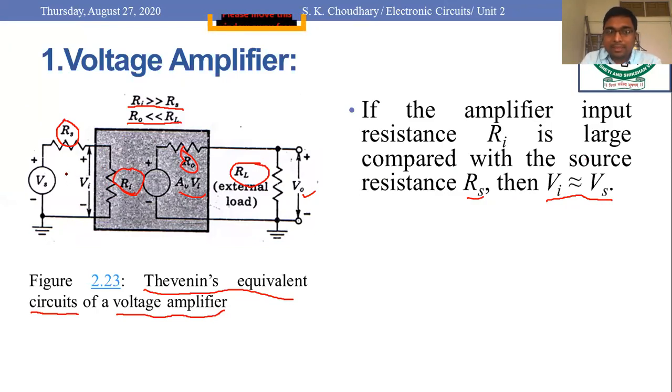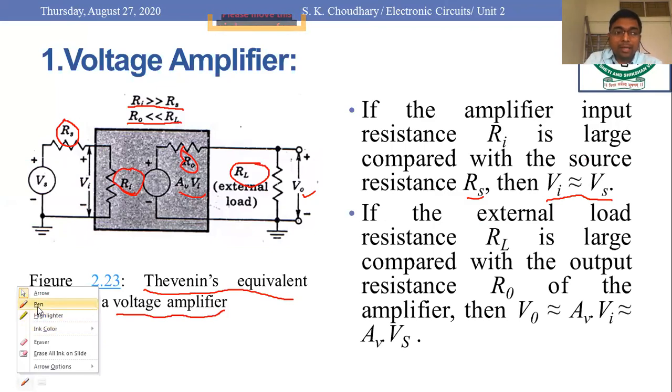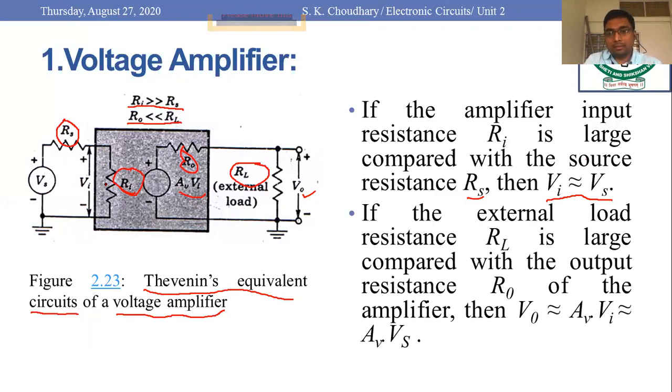The benefit of this is that whatever the voltage across the voltage source Vs, the same voltage appears across Ri, because Rs is very small and the drop across it is negligible.